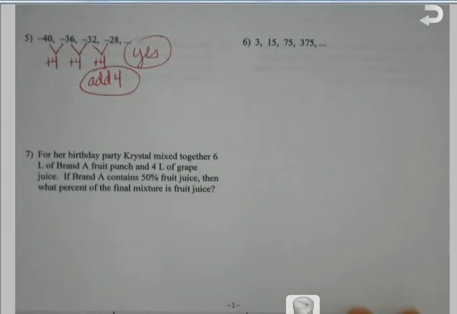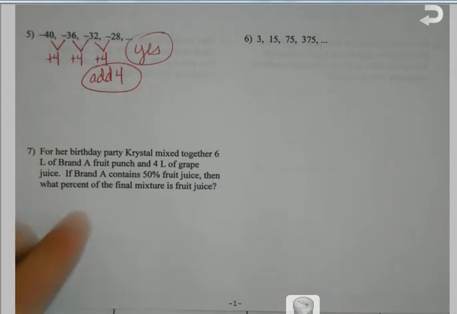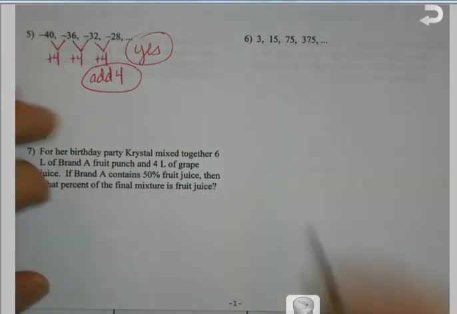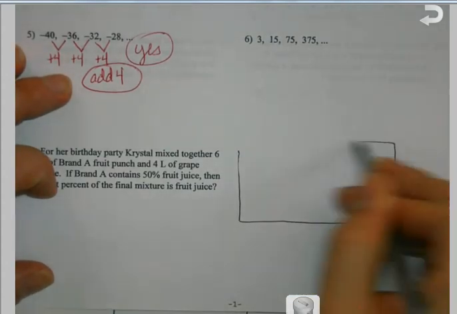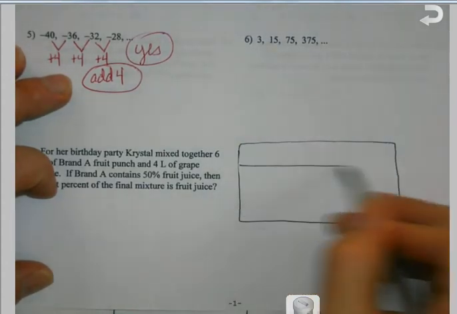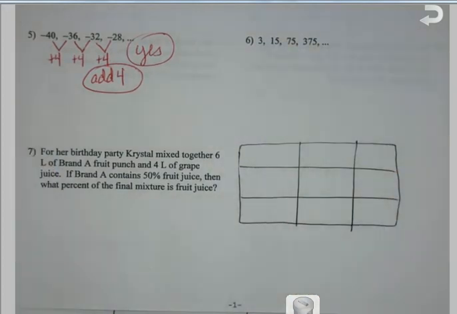We're going to go back to our formulas that we were doing before. Well, before we do the formulas, we're going to do some mixtures. If we remember before from the mixtures, what we would do is we'd make ourselves a chart, and we'd look to see what we've got working.